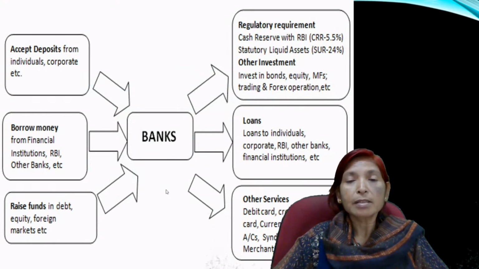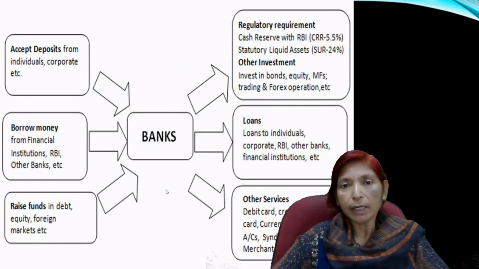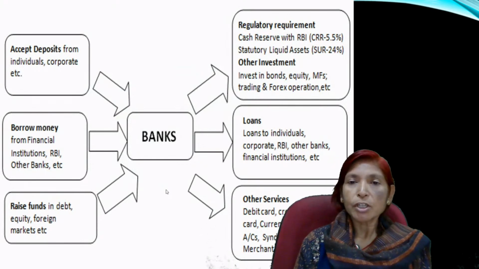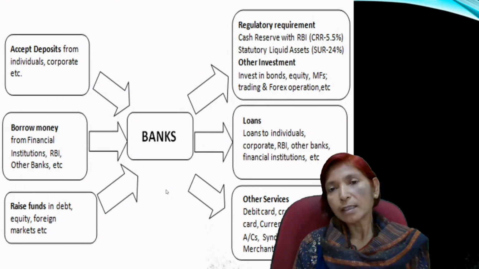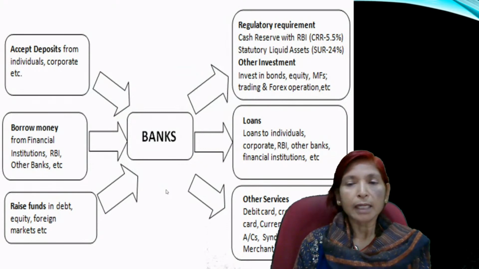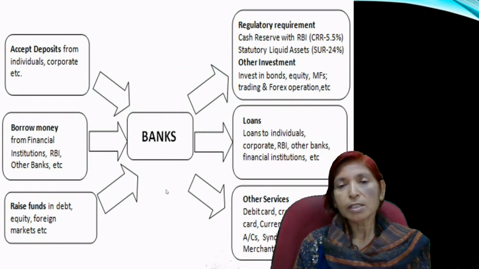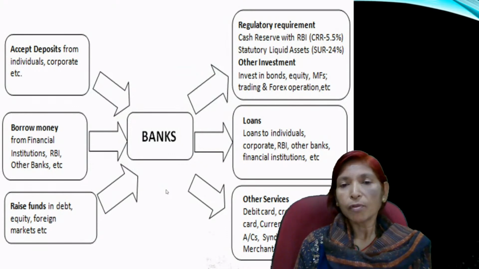Banks also perform a regulatory function, in which the cash reserve ratio, fixed by the Reserve Bank of India, lies between 5 to 6%, and the statutory liquidity ratio, known as SLR, is near about 24%.